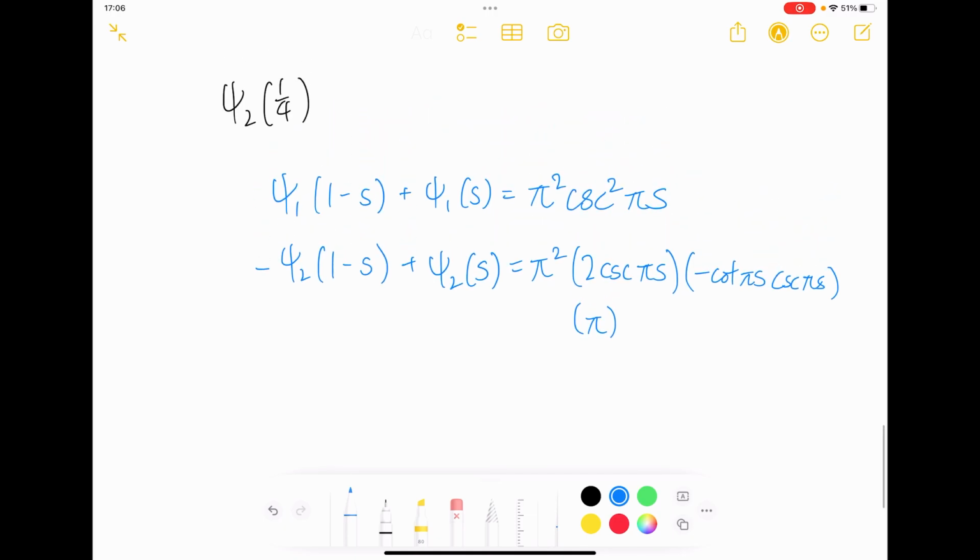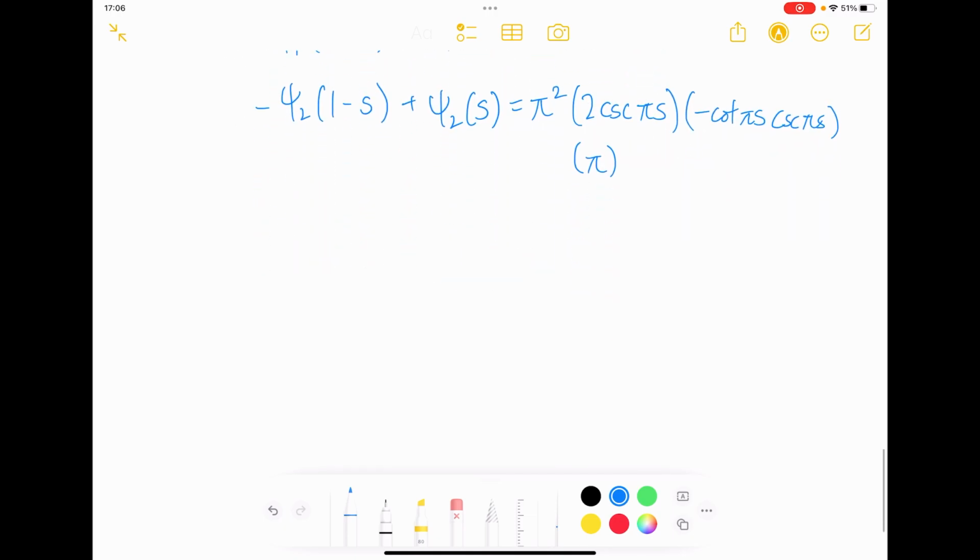If we plug in a quarter, that's going to give us negative pi psi 2 of 3/4 plus psi 2 of a quarter is equal to, let's see, a negative 2 pi cubed out front and a cosecant squared pi s cotangent pi s.